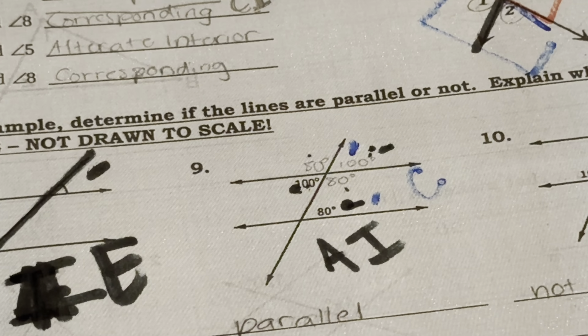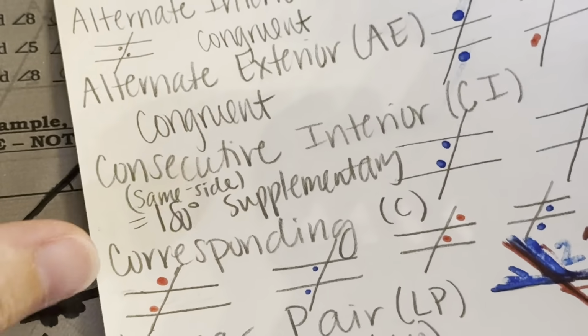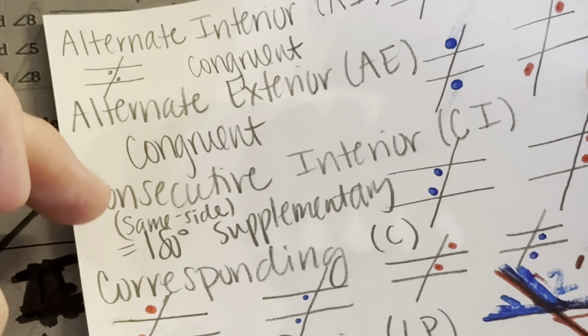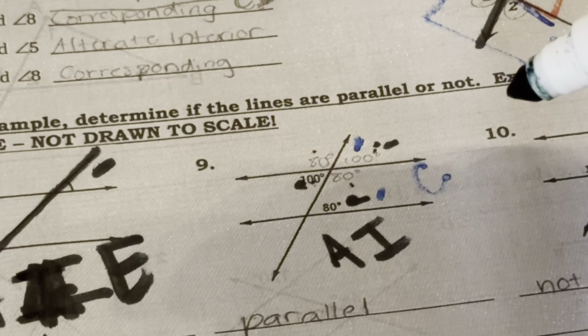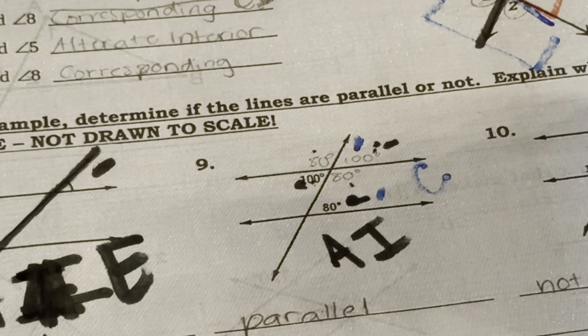But basically, you need to pick one of these pairs of angles on the sheet, and you're going to want to use alternate interior, alternate exterior, consecutive, or corresponding. One of those 4, and because they're either not supplementary or not congruent, depending on which angle pair you pick, that's why they're not parallel.